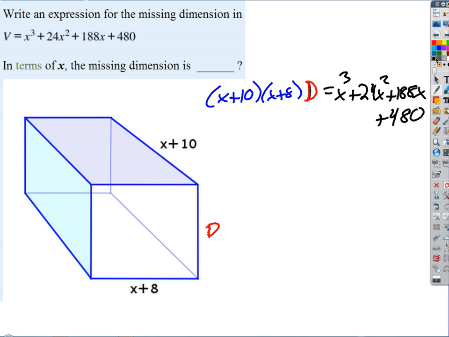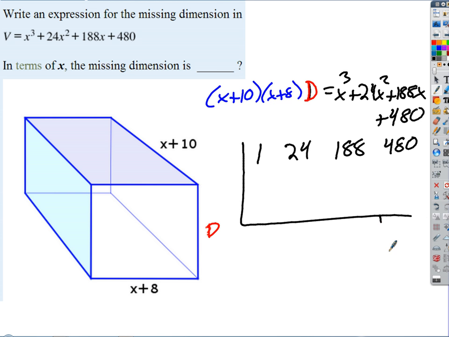So I could take my original polynomial, which has coefficients 1, 24, 188, 480, and what's the number I'd put out front if I divide by x plus 10? Negative 10.